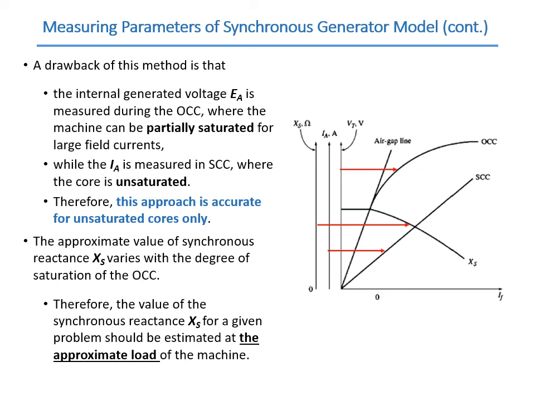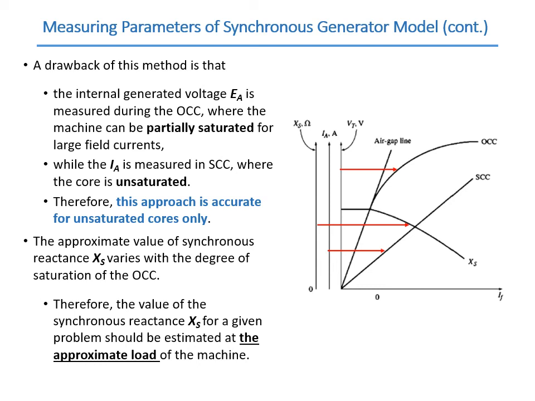However, when we measure IA in the SCC, the core is unsaturated, because we only apply a very low current in here.